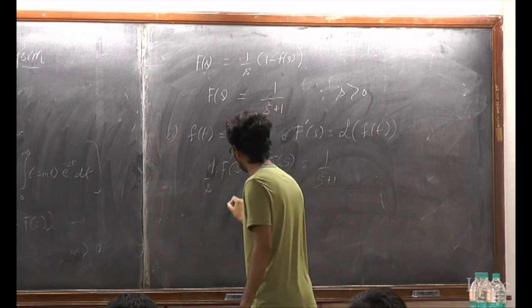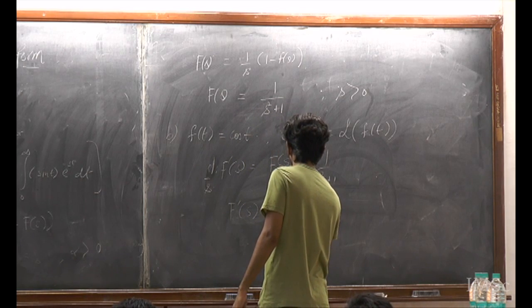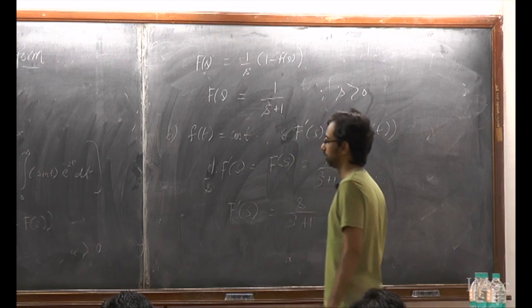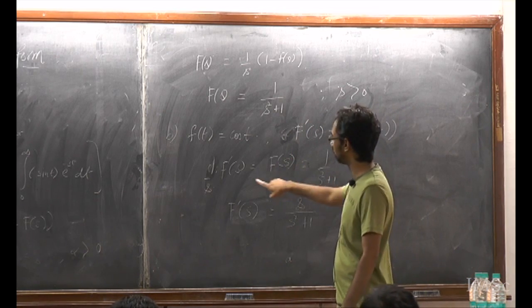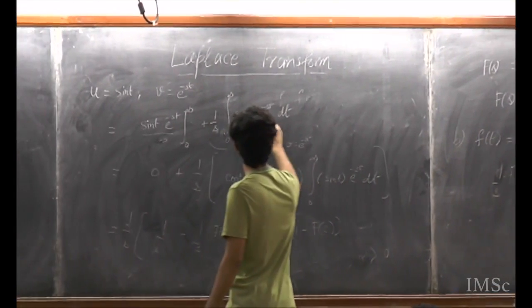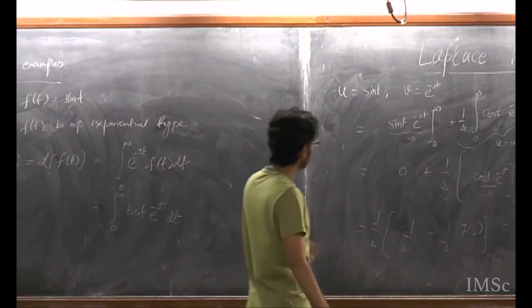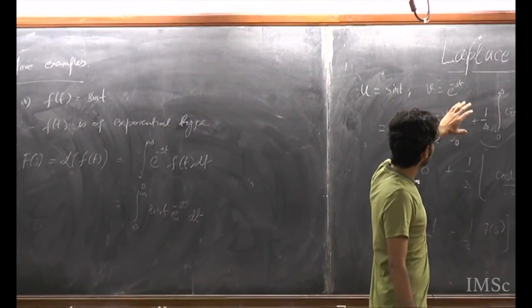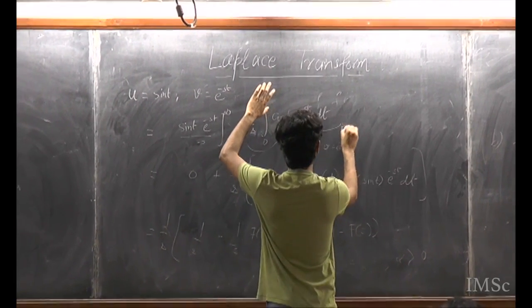So what is F prime(s)? This is s over s squared plus 1. Right? Is this clear how I get this? I just use this formula here. On the left hand side you have F(s), and on the right hand side this part is 0, this is 1 by s, and this is F prime(s), right? This whole thing is F prime(s).